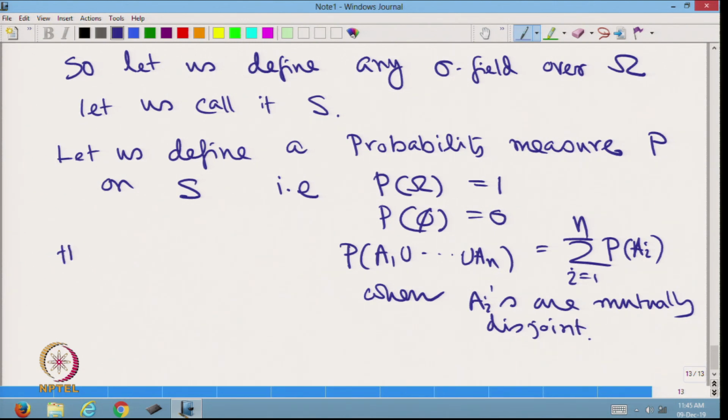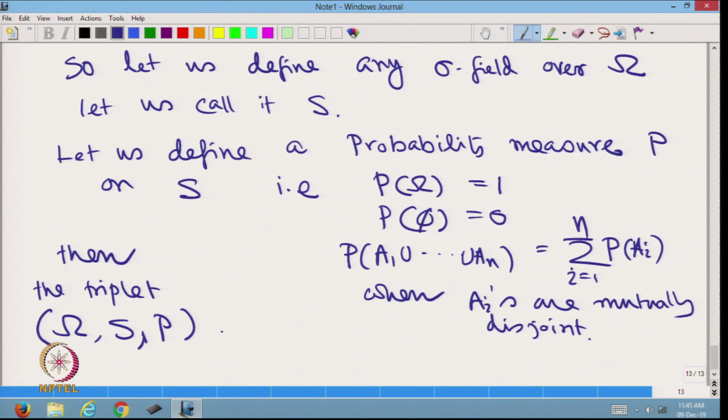Then the triplet omega, S and P is called a probability space.